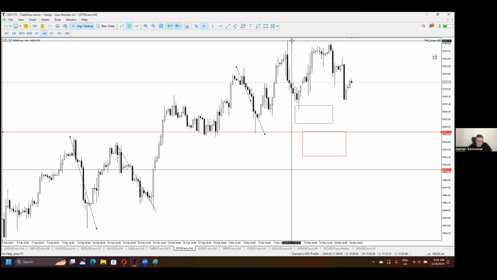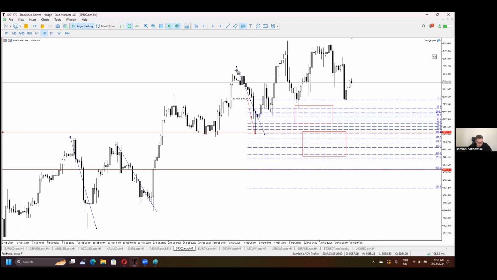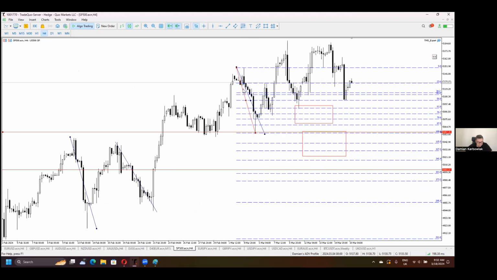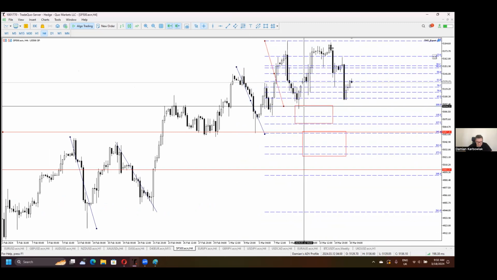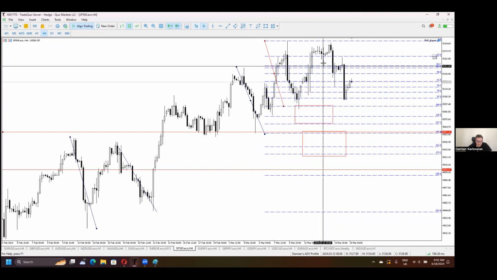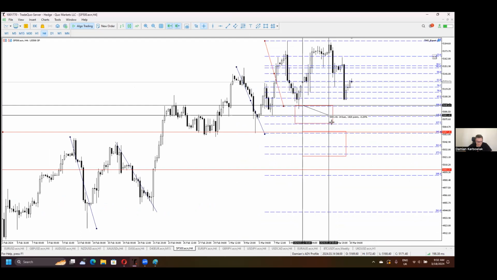So S&P, we can treat it as a double top, because remember that they start at the level of 1-to-1 right here, and we had the up movement after they touch the 1-to-1 level or zone.